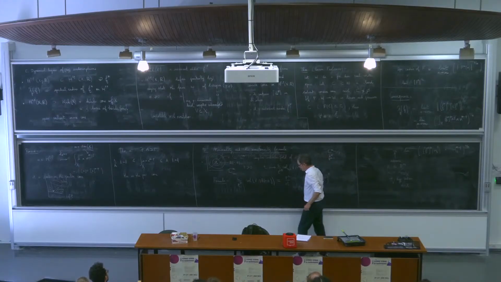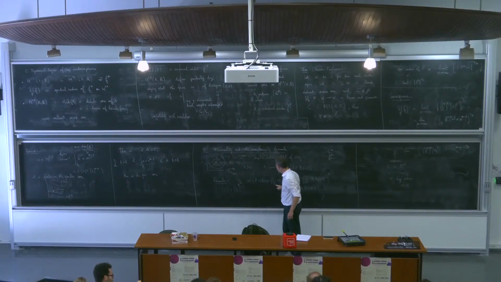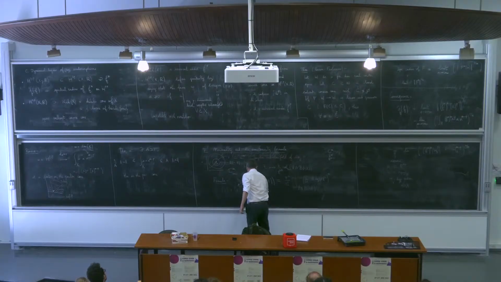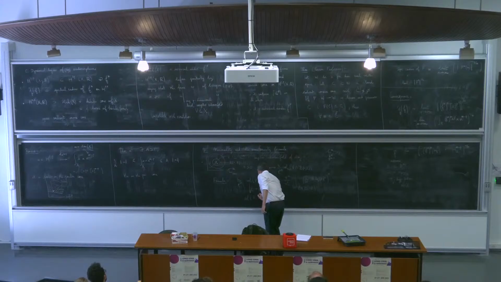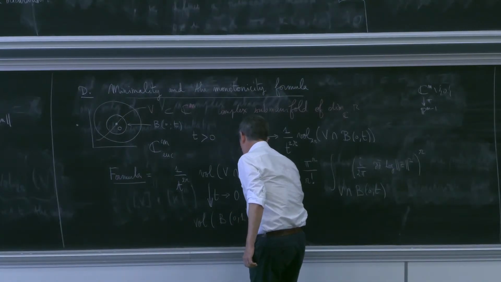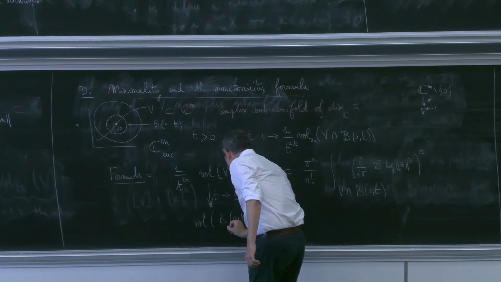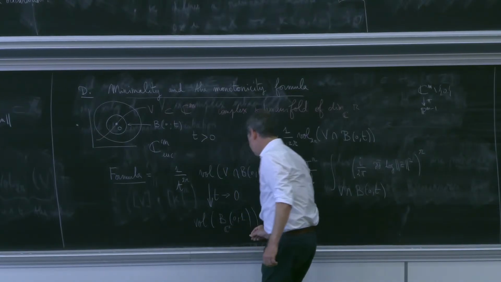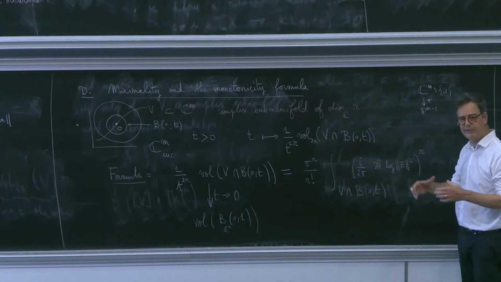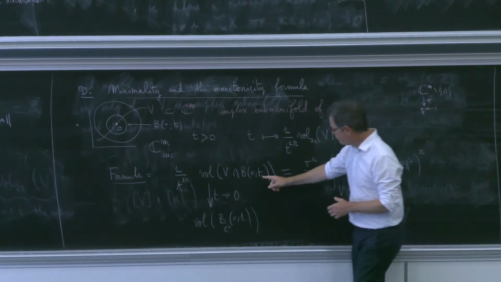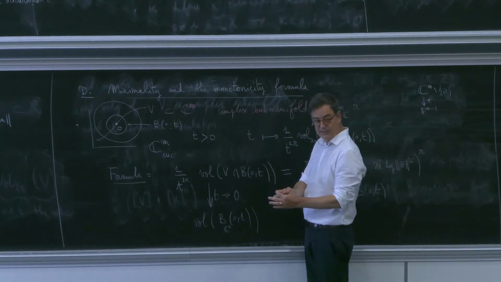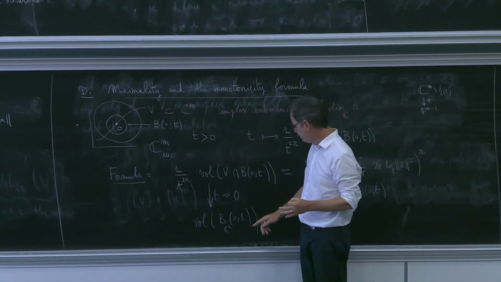The second thing I say is that the limit here, when t goes to 0, you know what it is. It's the volume of the ball of radius 1 in dimension r. Asymptotically, because V is smooth, when t is very small, locally V is like a flat space of dimension r.